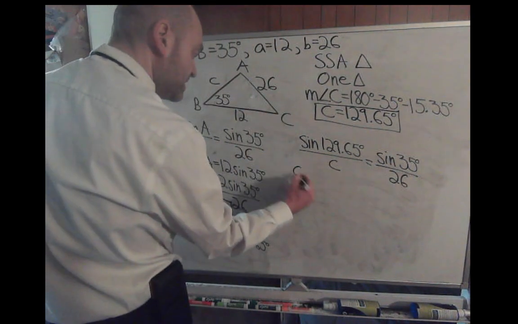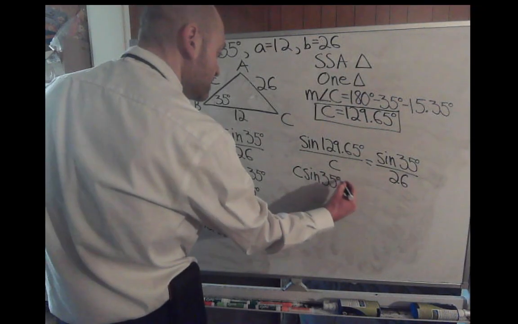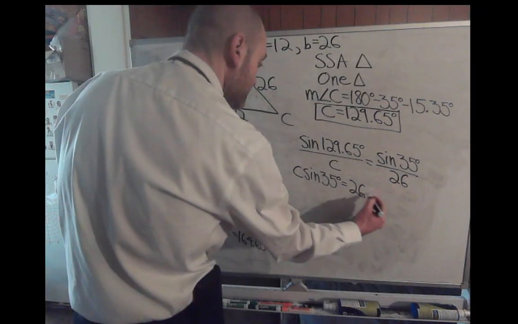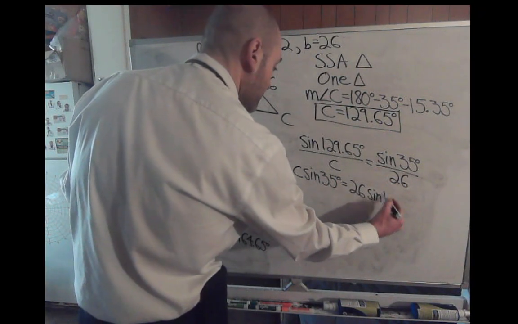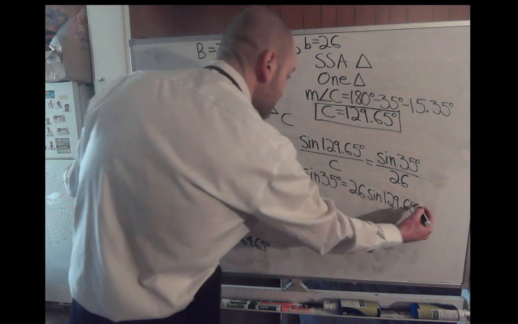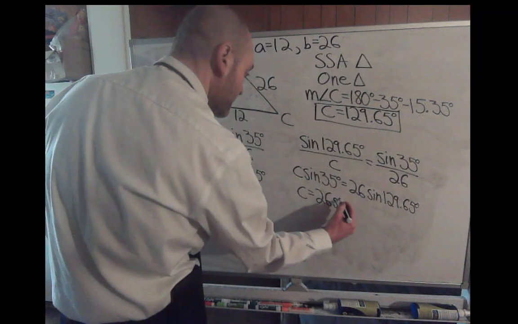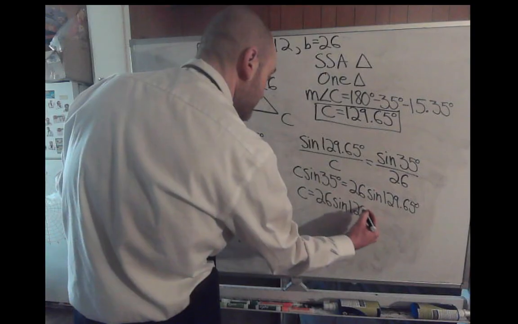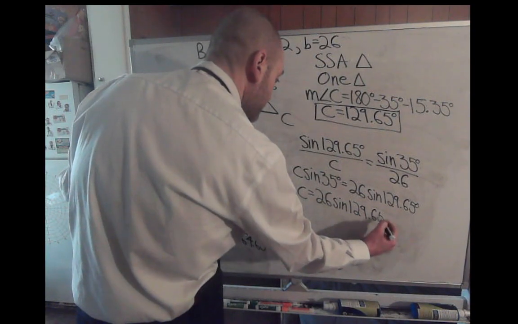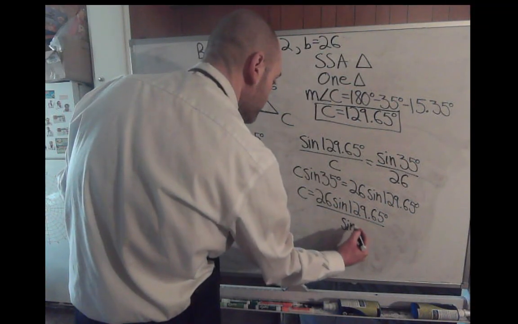So that means C times the sine of 35 degrees would equal 26 times the sine of 129.65 degrees. So C equals 26 times the sine of 129.65 degrees all over the sine of 35 degrees.